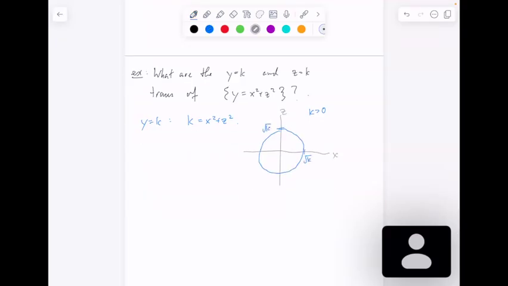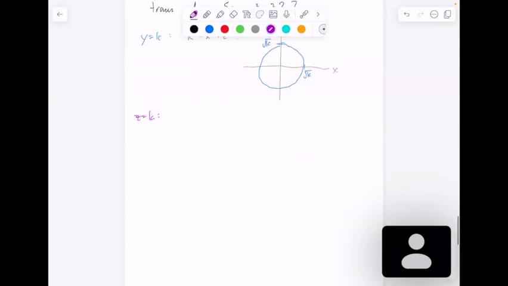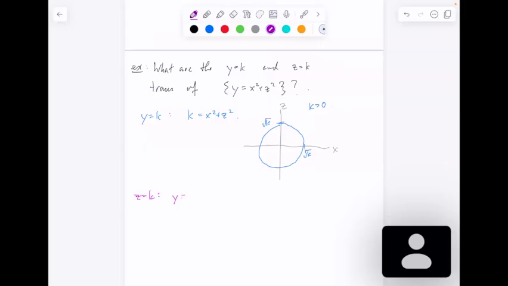And now, what happens when z is equal to k? Well, I get something that looks like y equals x squared plus k squared. And remember, k is a constant, so pretend k is 1, for example. Then the trace at z equals 1 is y equals x squared plus 1. And what is that on the plane?